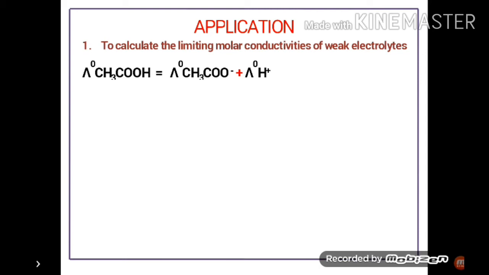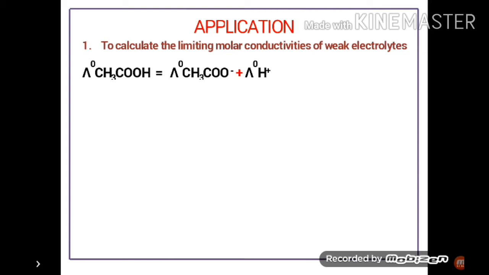Now if in a question we don't know the values for acetate and hydrogen, but the values of limiting molar conductivities of 3 different strong electrolytes are given, then how can we use them?